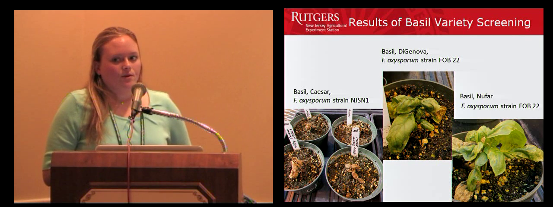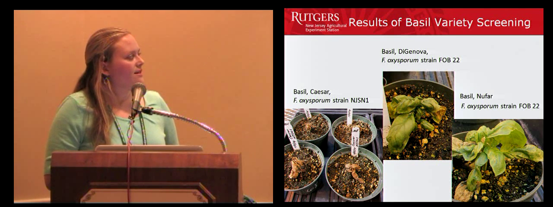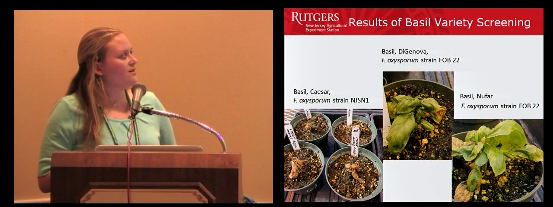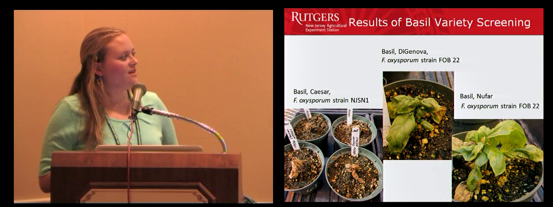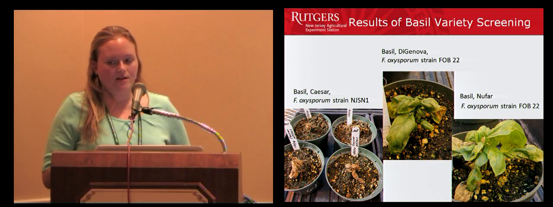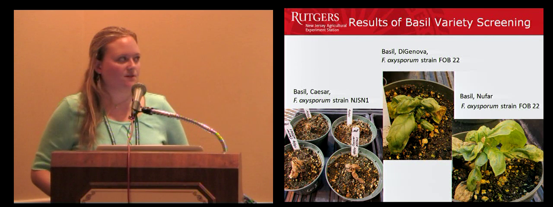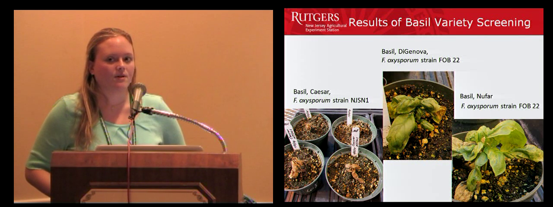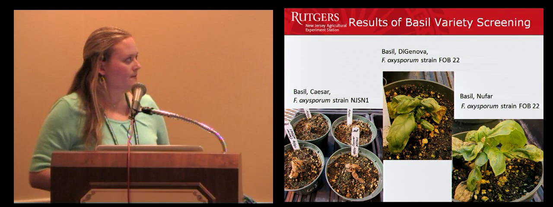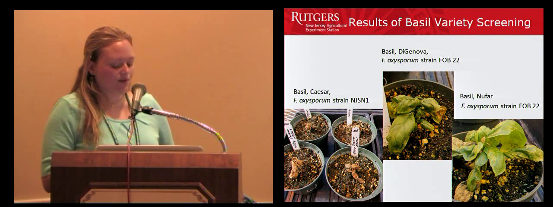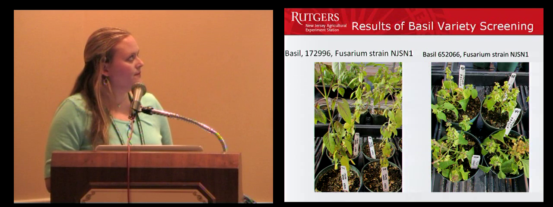So I wanted to drive home this point that the commercial lines, Caesar, DeGenova, and Nufar, are in fact more susceptible to Fusarium than we thought they were. The stunting and the wilting and death.